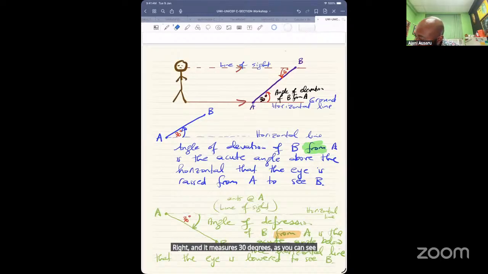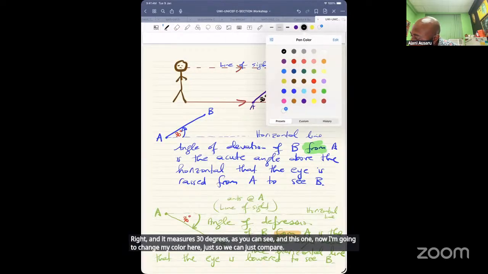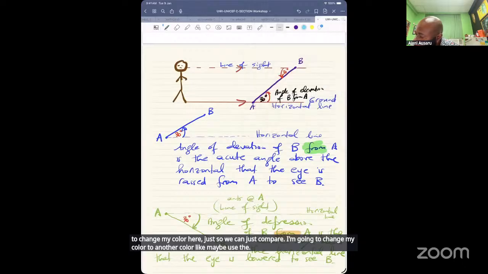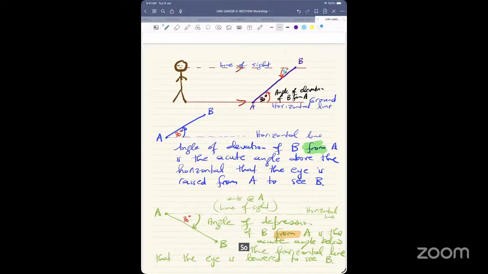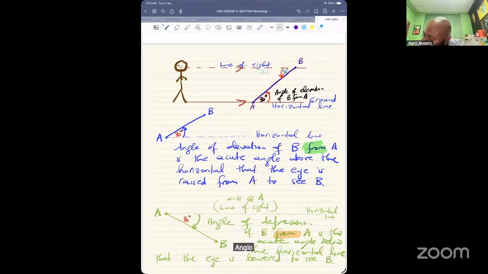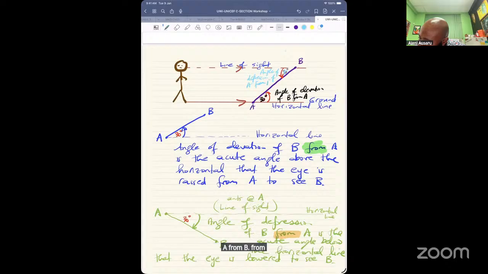And for this one, I'm going to change my color to blue so we can compare. So this one is the blue 30. What is that blue angle now? The angle of depression. Depression of what? Of A from B. Beautiful.